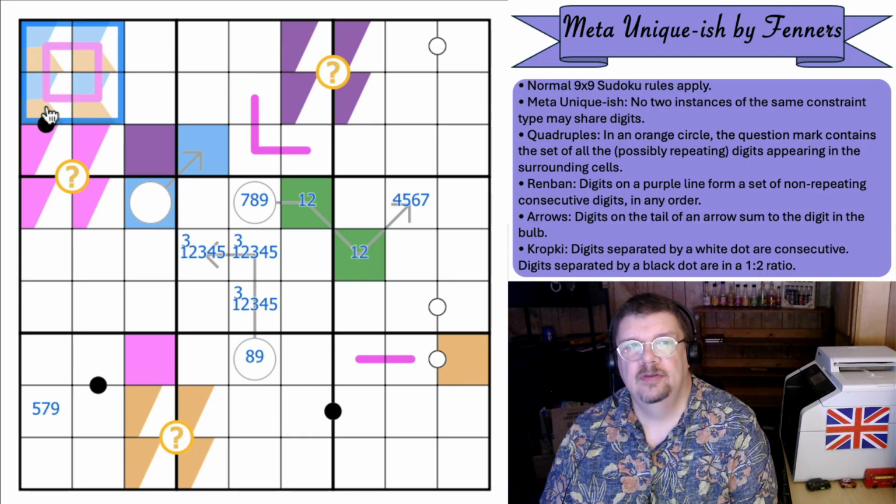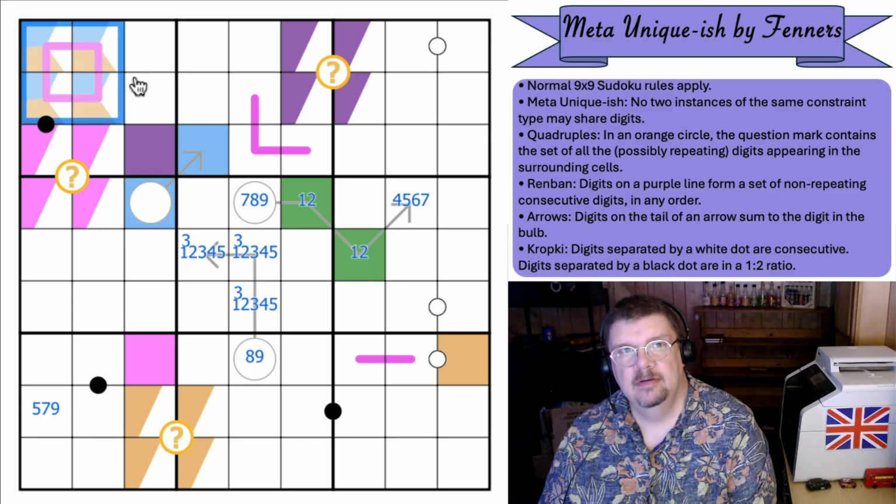That means on one of the segments, we're going to have a 1, which will be a 1, 2, or a 1, 2, 3, or a 1, 2, 3, 4. And on another segment, we're going to have a 9, which is going to be 8, 9, or 7, 8, 9, or 6, 7, 8, 9. And then the third segment is going to have whatever digits remain after the two extreme sets are taken care of.